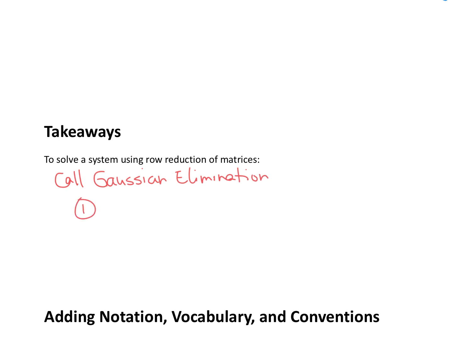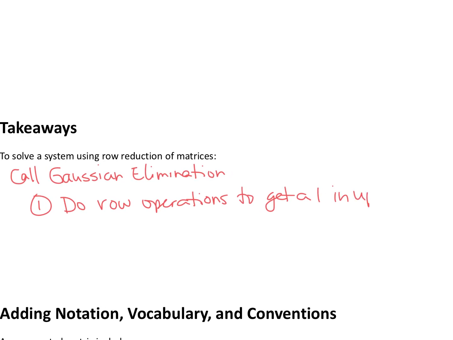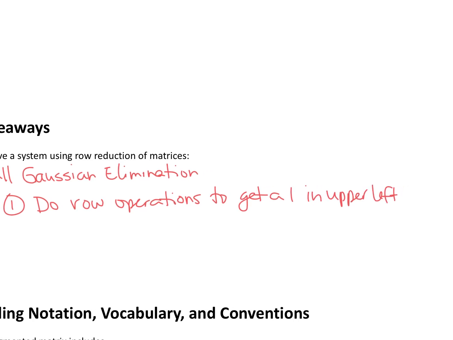Okay, the very first thing that you want to do is you want to do row operations to get a 1 in the upper left spot, right? That's like your first priority.